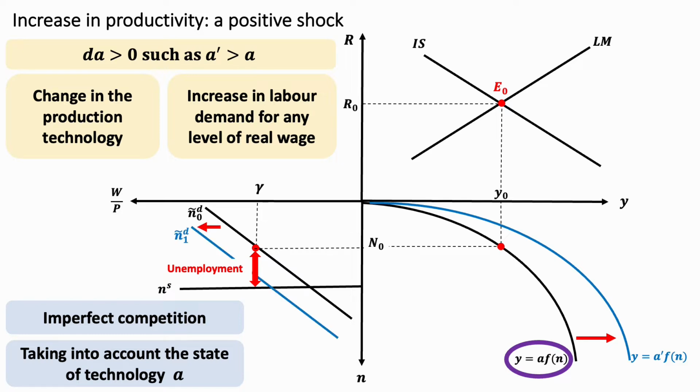The labor demand shifts in the direction of an increase in N. Be careful here. The graph is upside down. If you look at it in the right way, it actually shifts to the right. Again, in the direction of an increase in N.